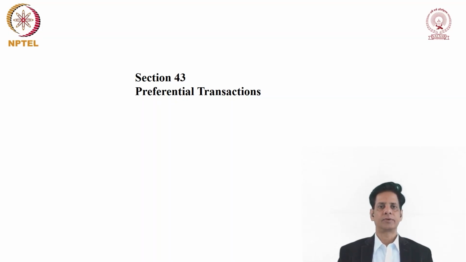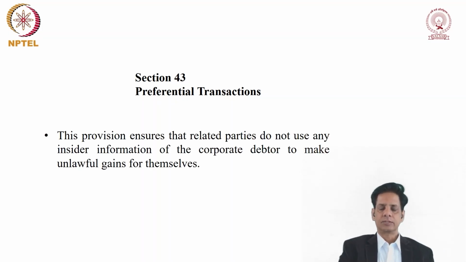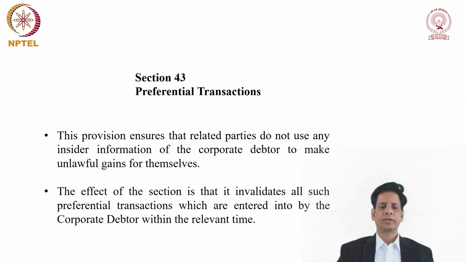Out of them, the first heading is what we are covering, which is called a preferential transaction. This provision ensures that related parties do not use any insider information of the corporate debtor to make unlawful gains for themselves. The effect of that section is that it invalidates all such preferential transactions which are entered into by the corporate debtor within a relevant time.